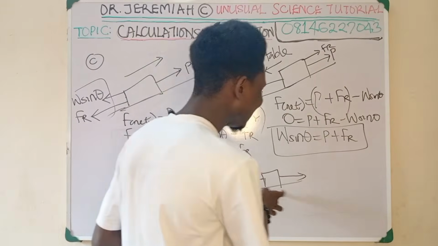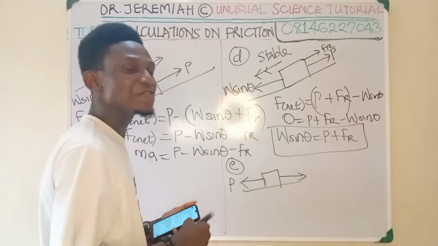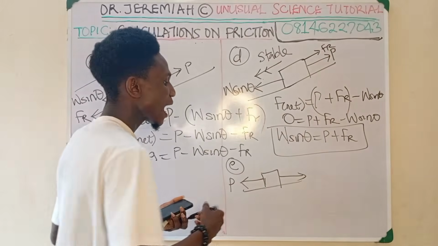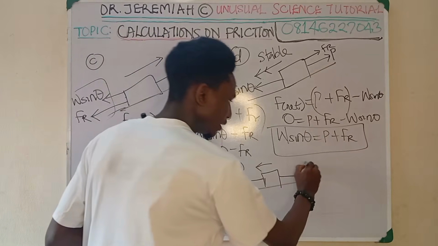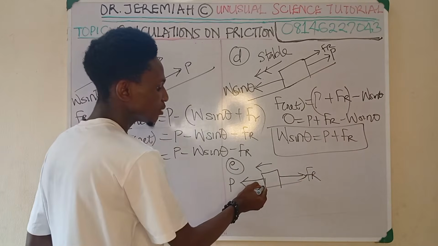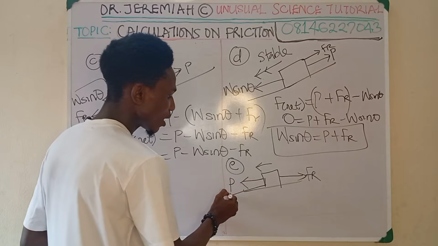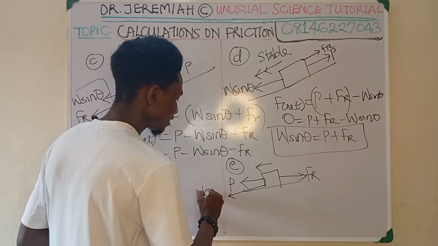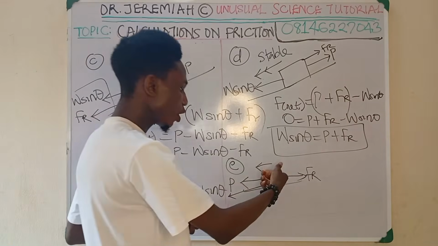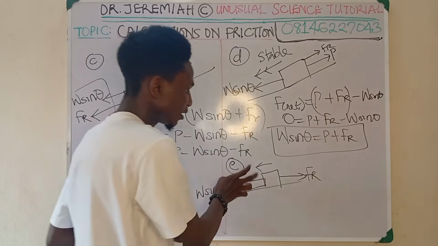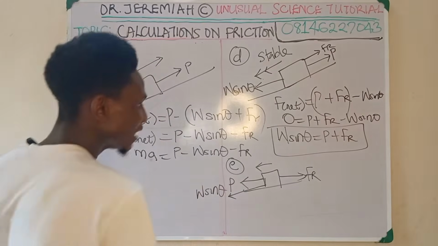So in this scenario, where is friction? The body is pulled downwards, and now the proposed motion is downwards, so it means friction is here. And remember, we always have our W sine theta here. Friction is acting opposite the motion, and the pulling force is pulling it downwards.